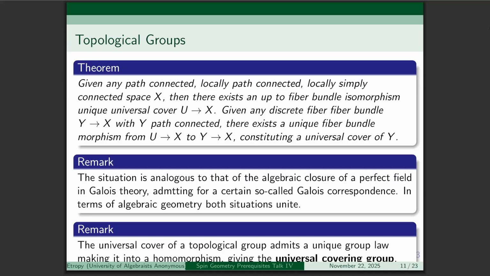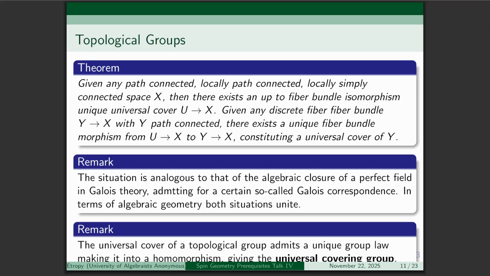total space, in your universal cover, and this element is going to be the neutral element. Given any two elements in your universal cover, take paths from the neutral element to them. The universal cover is path connected, so there are such paths. Then map them down to your base, which is the topological group by assumption, multiply them there, and then you can prove that there's a unique lift back to the universal cover, and wherever it lifts to, you define to be the product. In this way, you get a group law unique up to isomorphism.